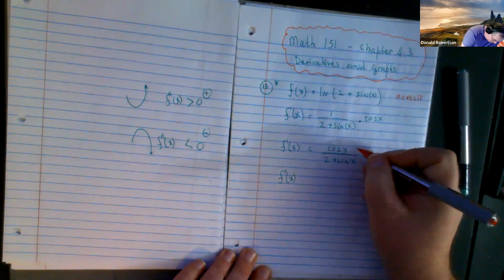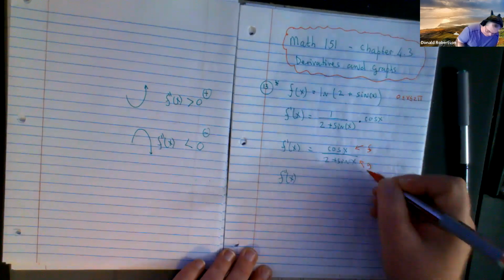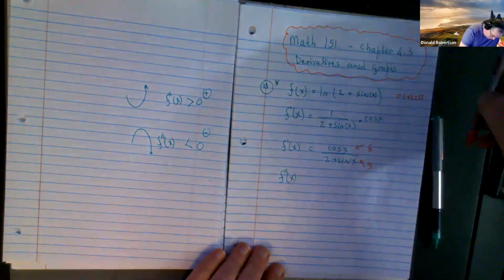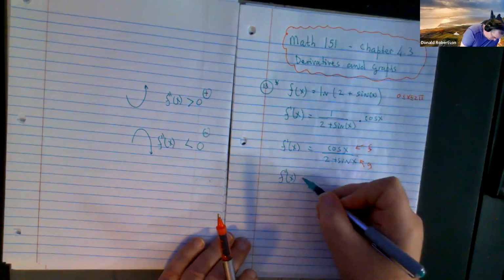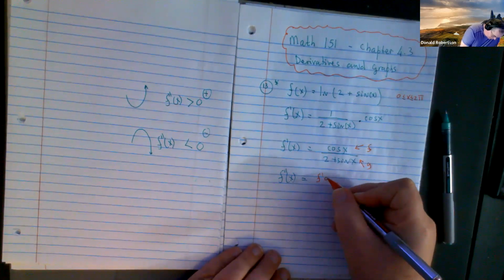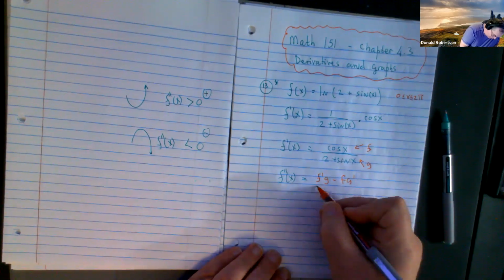Would you agree that this is an unavoidable quotient rule? There's no way of not making a quotient rule. So I'm going to find the derivative of this, and it's going to be f dash g take away f g dashed, all over g squared.